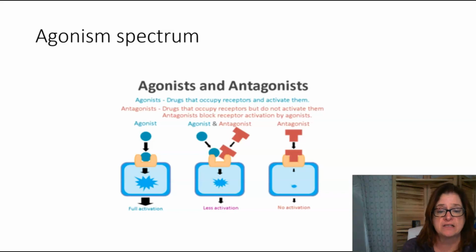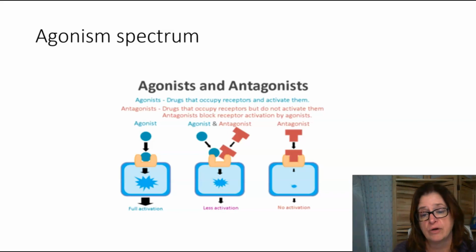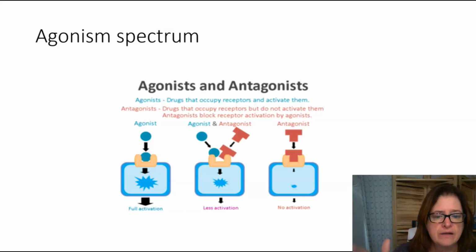So what it does is in areas of the brain with too much dopamine creating positive symptoms, it reduces the dopamine. And in the areas of the brain with not enough dopamine, where we have negative symptoms, it increases dopaminergic function. So review the agonist spectrum and be comfortable with it, because you'll need it again and again.